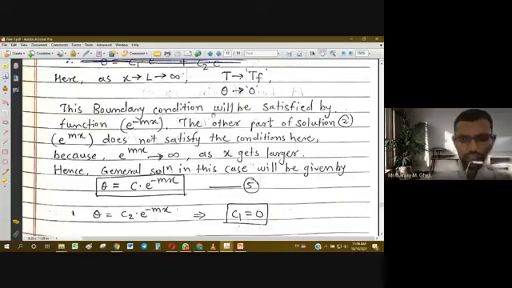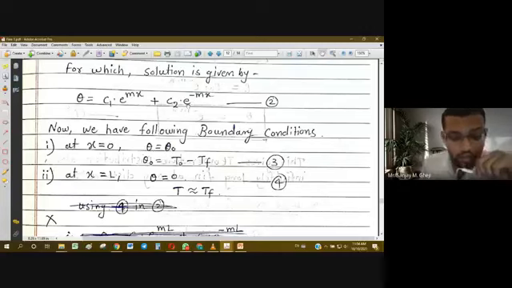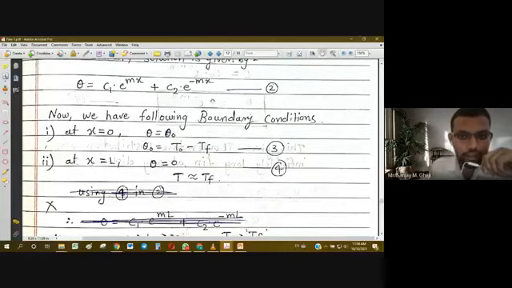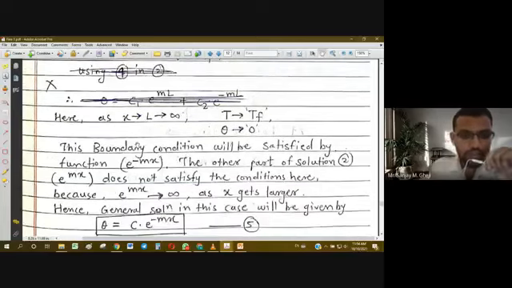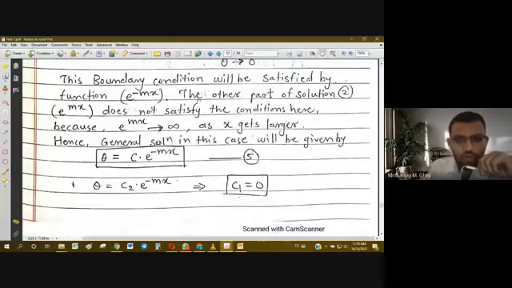Now this boundary condition will be satisfied by the function e raised to minus mx. In the general solution we have the term e raised to minus mx, which we can write as 1 upon e raised to plus mx. If you put x equal to infinity, the denominator becomes infinite, so 1 upon infinity is very nearly 0.